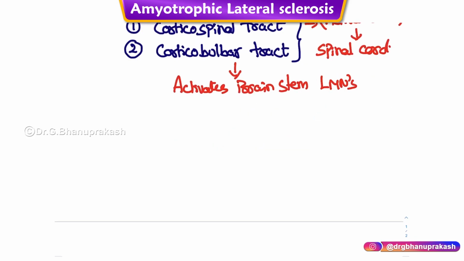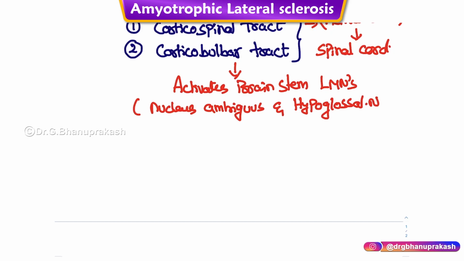What does it activate? Actually it is the nucleus ambiguus and the hypoglossal nucleus.